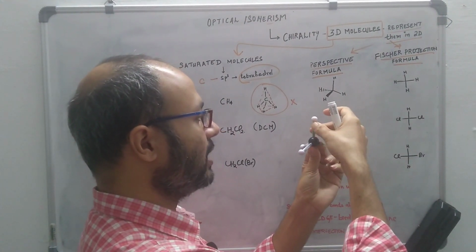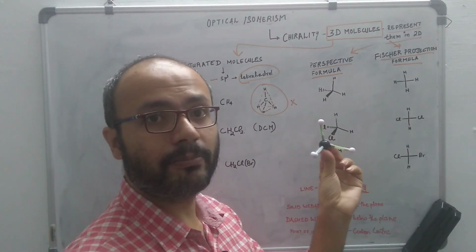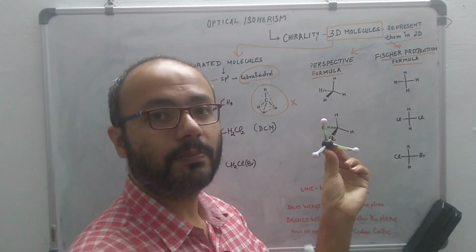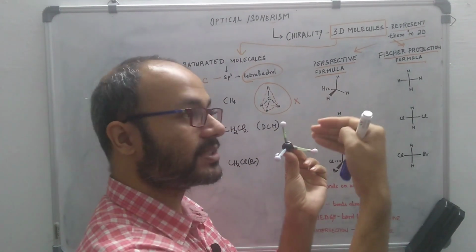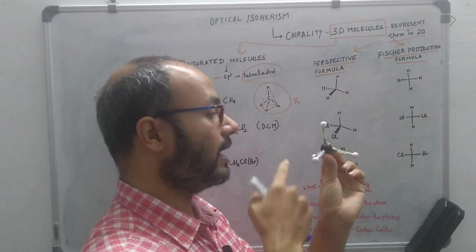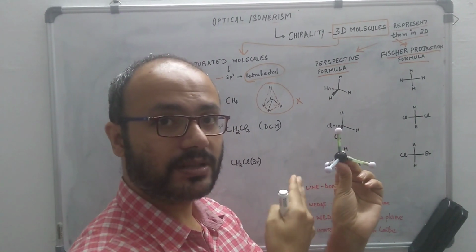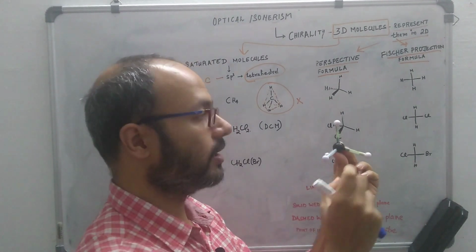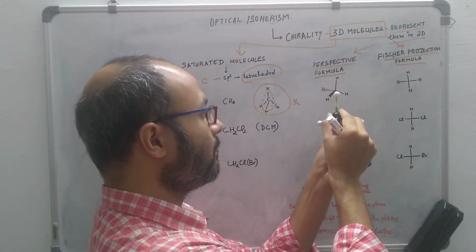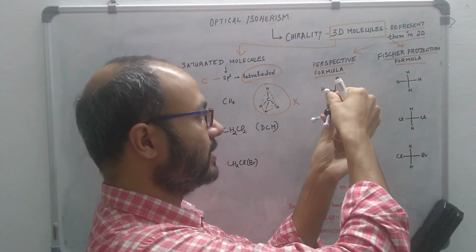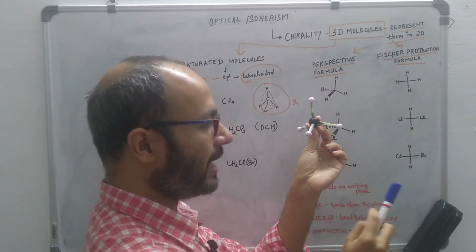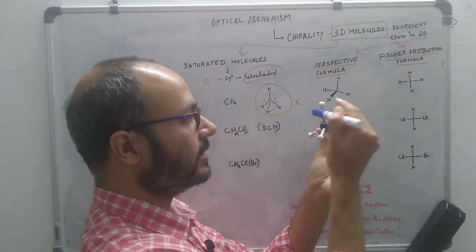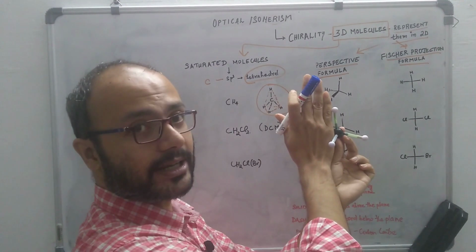In perspective formula, the lines represent the bonds which are on the plane of the writing plane, solid wedge represents the bonds that are above the plane, and dash wedge represents the bonds that are below the plane. If I place my molecule something like this, suppose this is the plane over which these 2 hydrogens are contained.